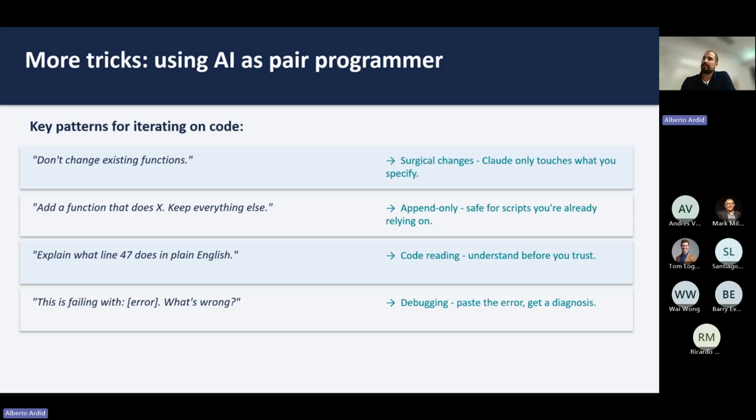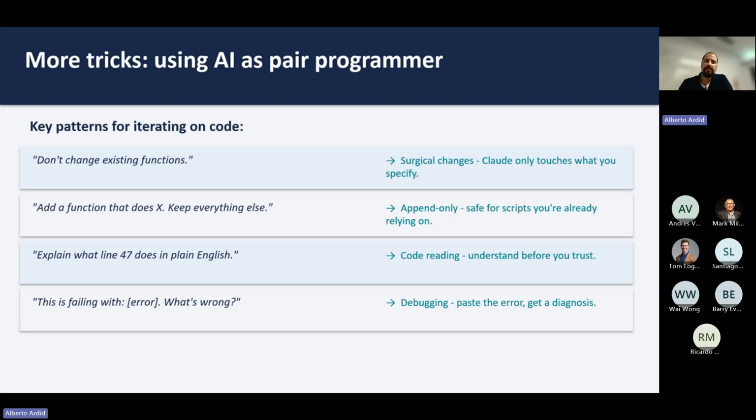Some other tricks. In this case, we are not going to be debugging code, but from the last prompt in plan mode, I commanded it to write this Python code and execute it. You typically want to then check what the Python code is and whether it's doing something right. And these are key patterns that I typically use when iterating for debugging code.